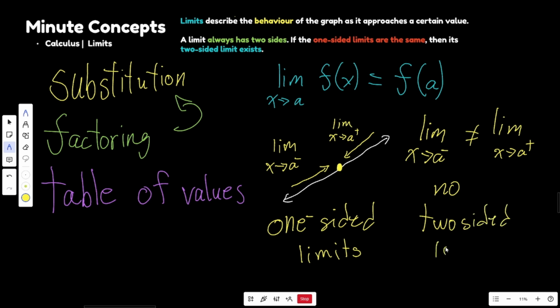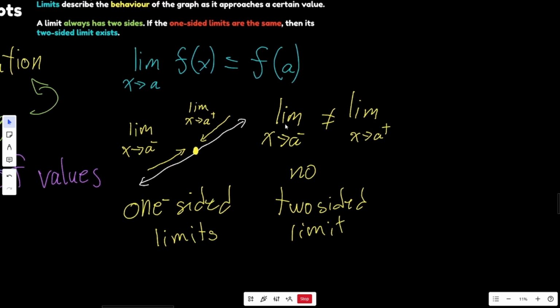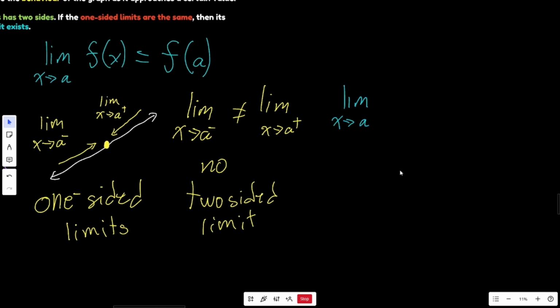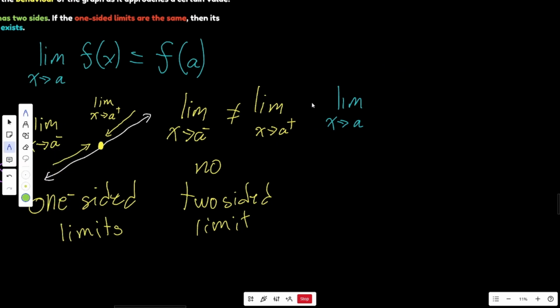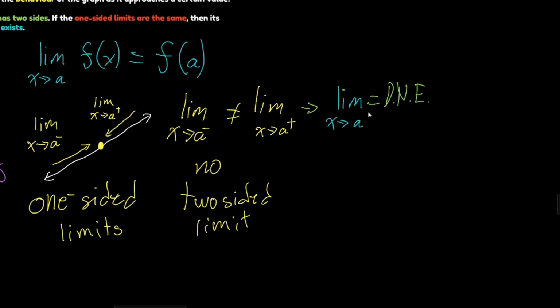Basically this statement will not have a value, and we can conclude that the limit as x approaches a does not exist. And this is the standard way of writing that the limit is not existing.